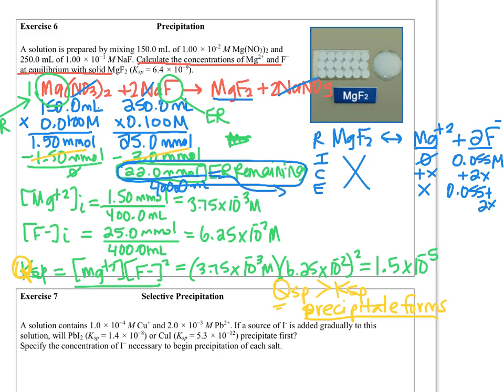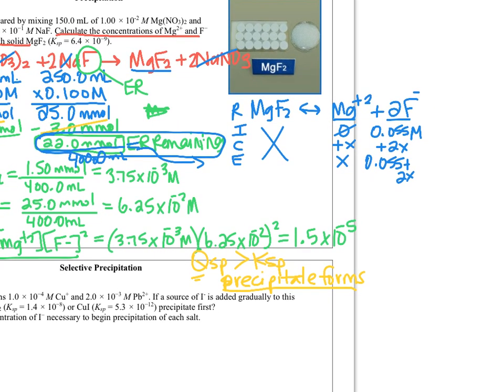Now remember, when we did this before, we talked about how we would neglect the x. So I don't care about this plus 2x because my KSP value is 10 to the negative 9. That's so small.